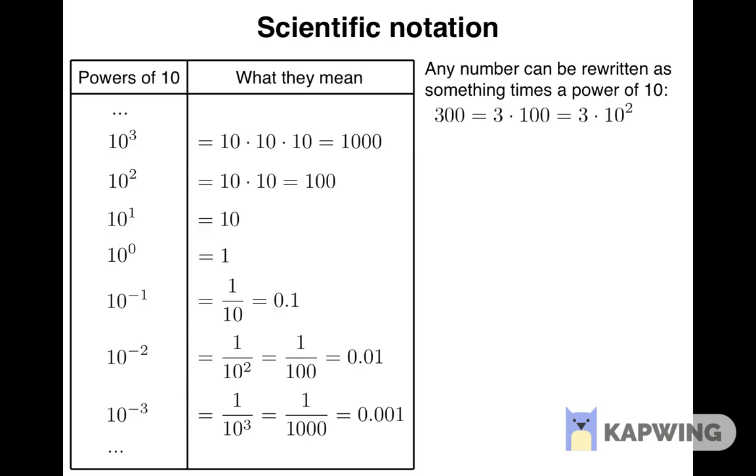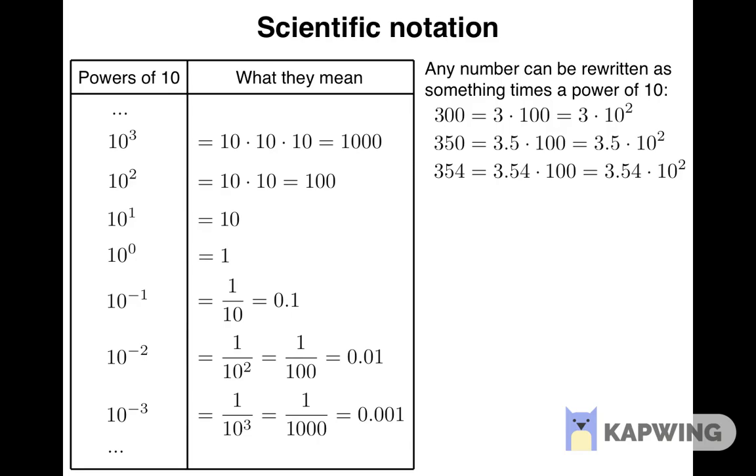For instance, 300 is 3 times 100, 3 times 10 to the second power. 350 is 3.5 times 100, or 3.5 times 10 to the second power. And 354 is 3.54 times 100, or 3.54 times 10 to the second power.